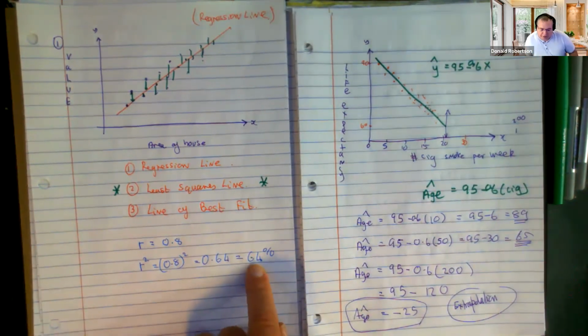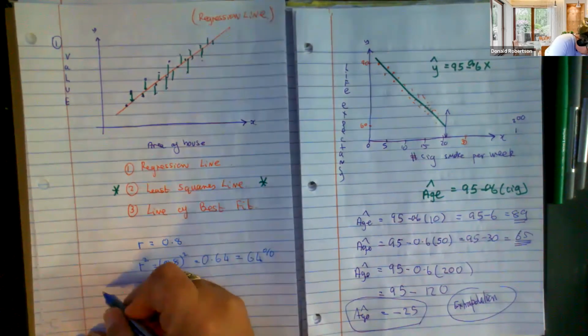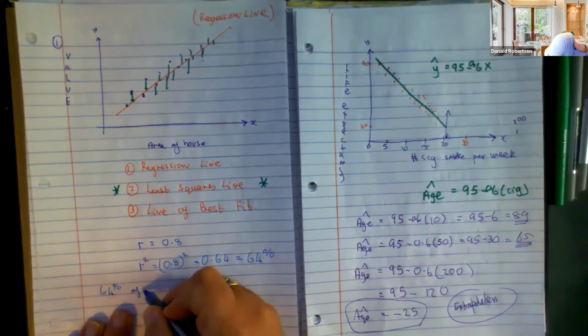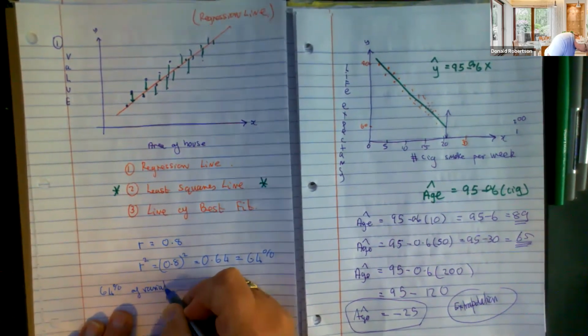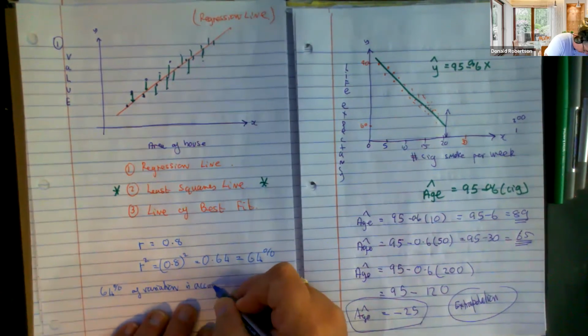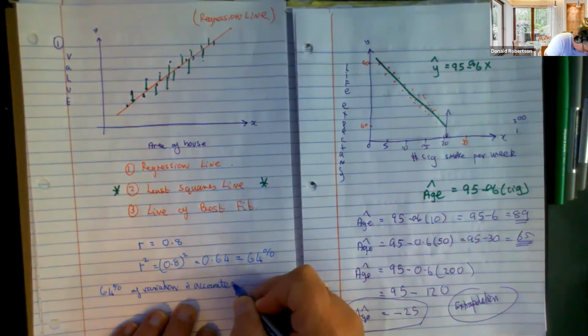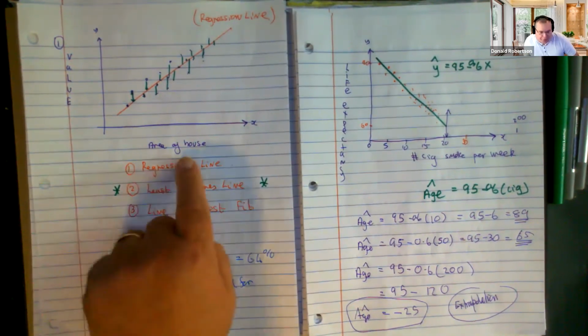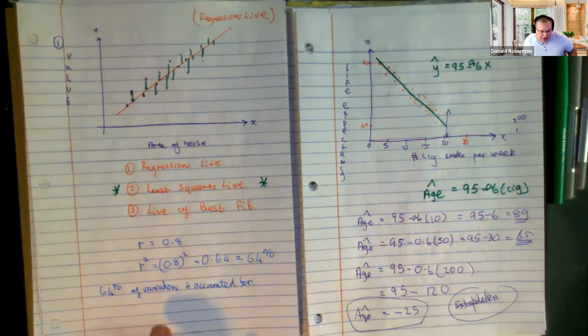Now, that number is quite interesting because you can interpret it in a number of ways. The formal way of interpreting it is that 64% of the variation is accounted for. In other words, 64% of the price of the house is to do with the area.